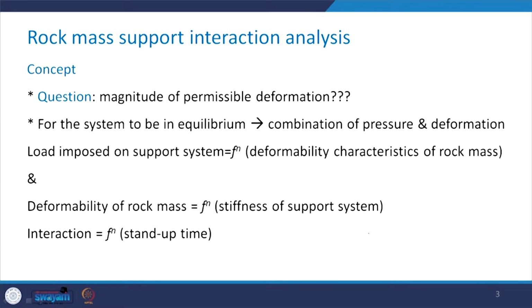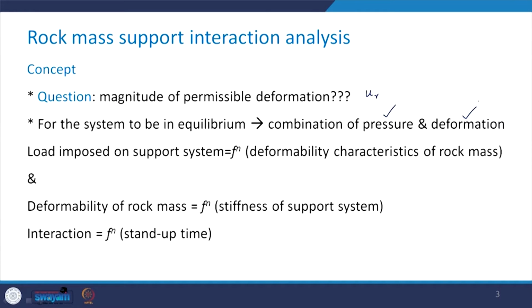The question comes, what should be the magnitude of this permissible deformation, that is UR, the radial deformation. Now, for the system to be in equilibrium, there is going to be a combination of pressure and deformation.